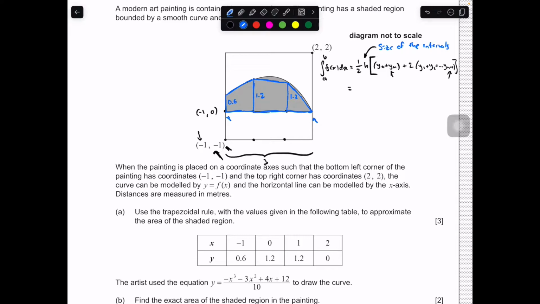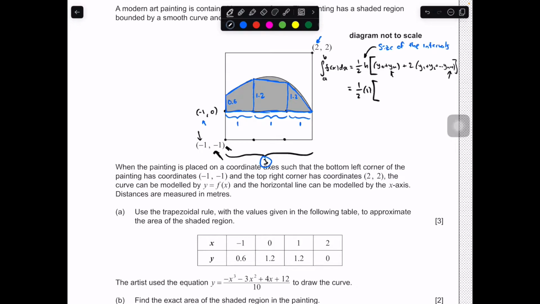And so what is it? If we're going from -1 all the way to +2, and we do it in 3 steps, we have 1, 2, 3 equal intervals, and we know we travel a distance of 3. In this case, the size of the intervals is just going to be 1.